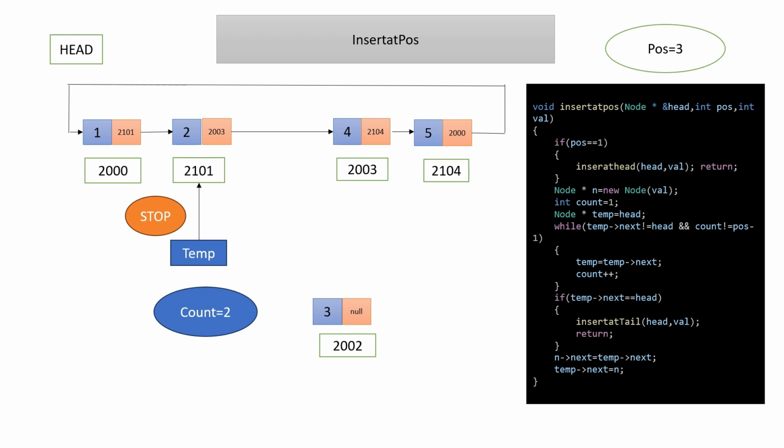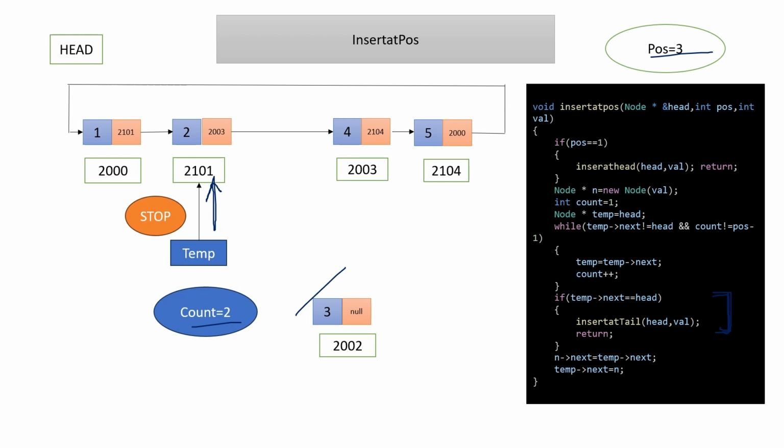Here our count will be 2, and we want to insert at the third position, so it takes our previous temporary node. If temp next is equal to head, it means we want to insert our node at the end of the circular linked list, so we call our insert at tail function and then return. If it is not, it means that we insert our node at a particular position between the nodes. So here our new node's next will point to temp next.